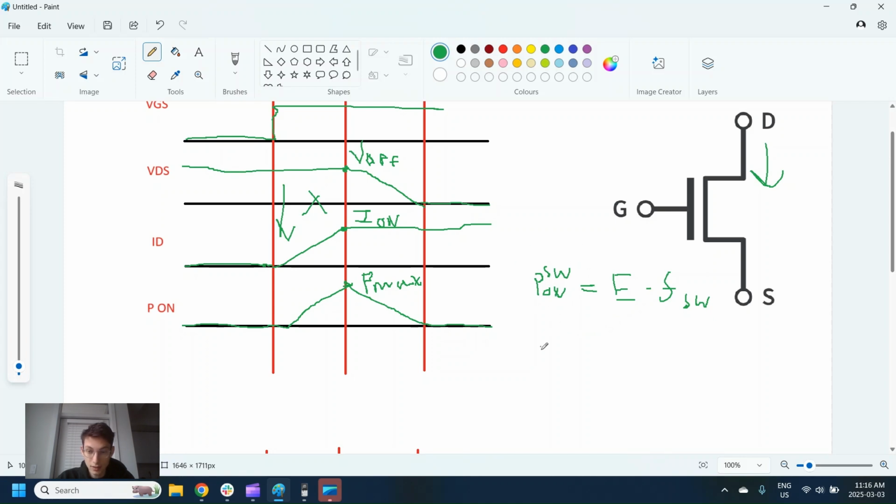So let's take this and go with the power on. I'll just imply the switching is going to be the energy here, the integral.